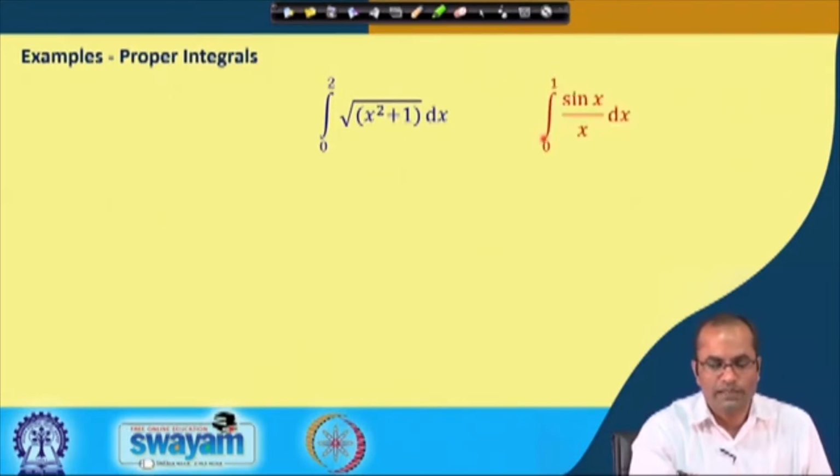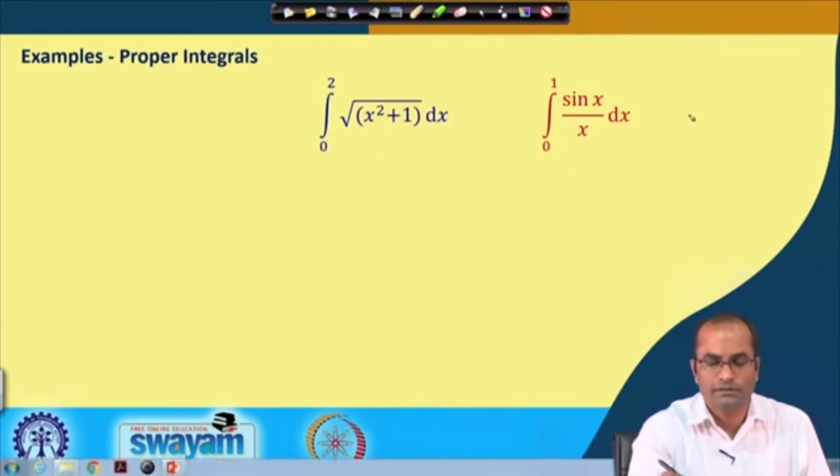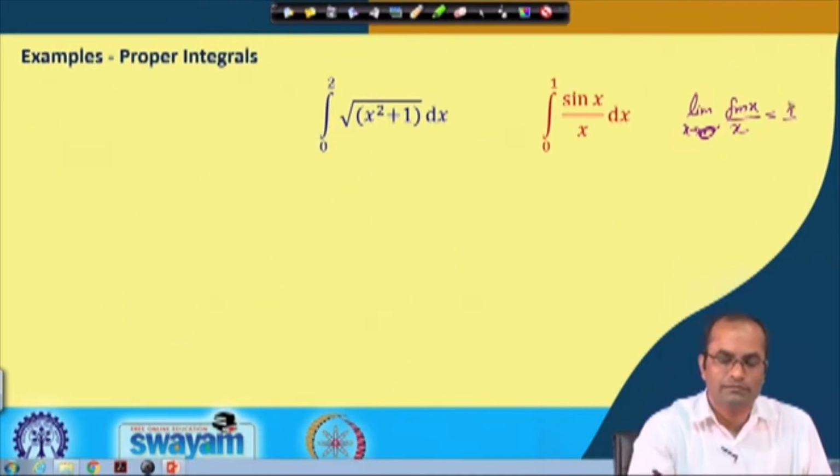Or for example, we have 0 to 1 sin x over x dx. So, in this case one might think that here the x is in the denominator and the range of this x starts from 0, so the integrand may become unbounded, but this is not the case, because if we consider the limit as x goes to 0 of sin x over x, this limit is finite, we know that this limit is 1.